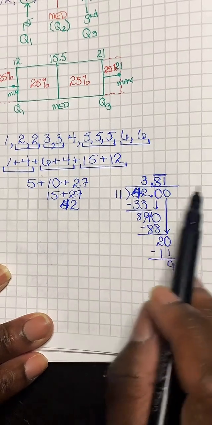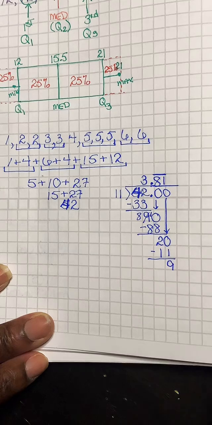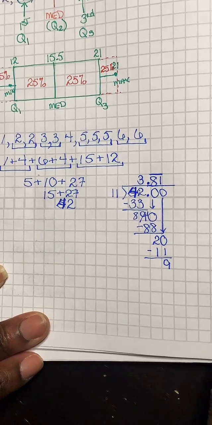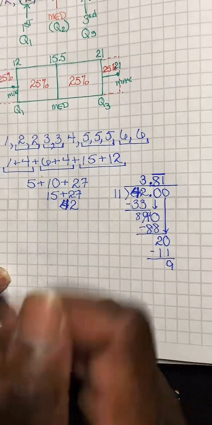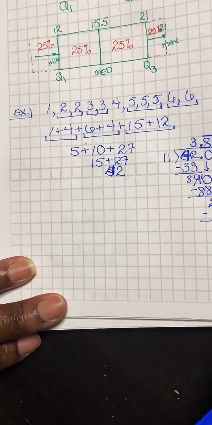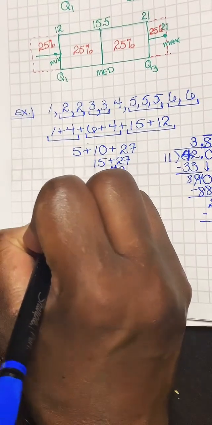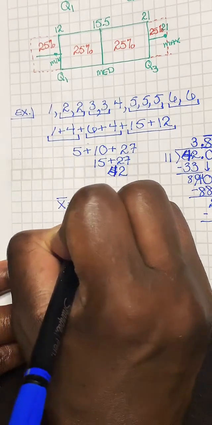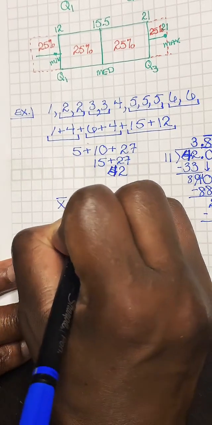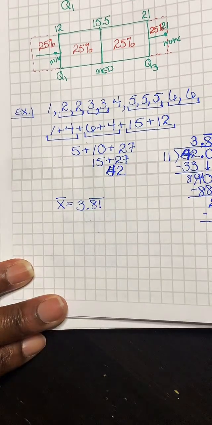It keeps going 8, 1, 8, 1, 81, 81, 81, all the way. So that's our mean.